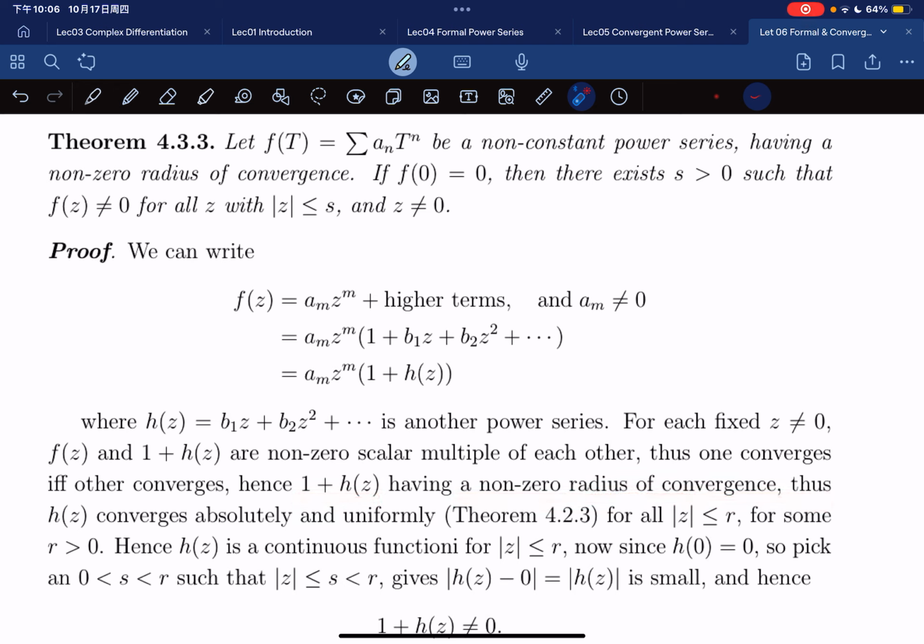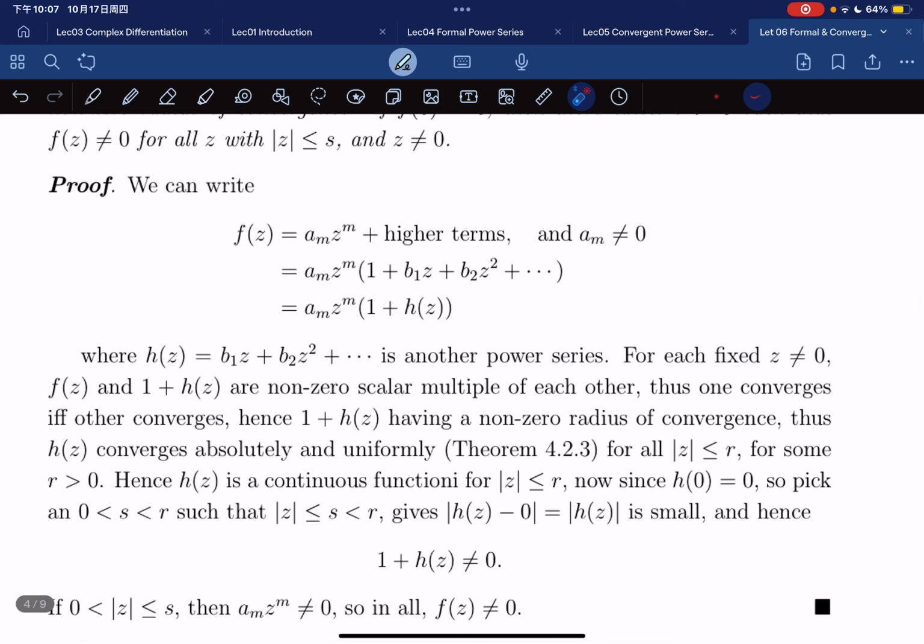Thus it converges absolutely and uniformly for all |z| less than or equal to r, where r is, at least, some positive radius of convergence of f.